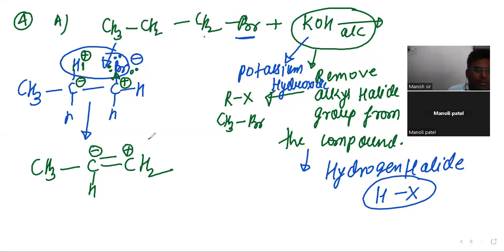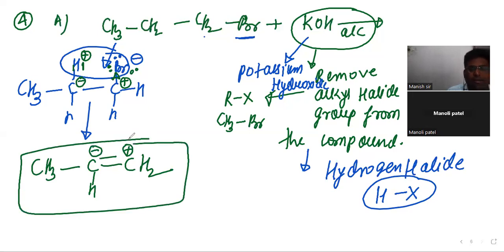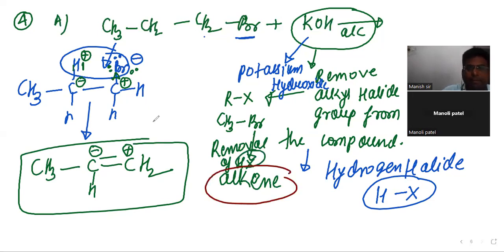So it will form the double bond, right? What ultimately forms? It forms the alkene after removal of hydrogen halide. So this is the answer.